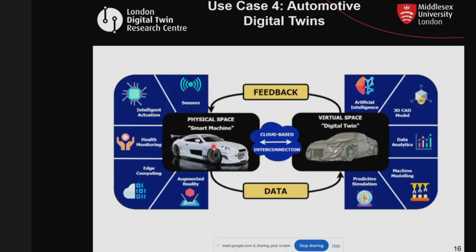So at times the physical system is also giving you feedback, but the virtual system is also providing that additional feedback for the safety aspect of the car and to increase the lifespan of the car.